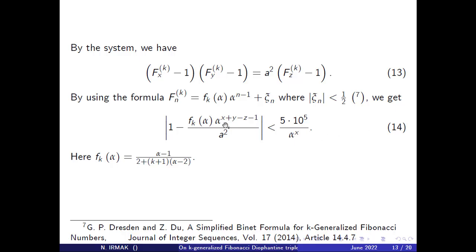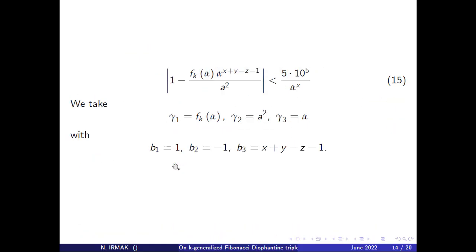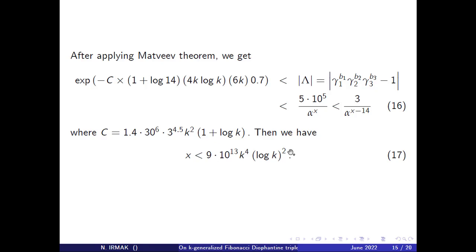Here we obtain an inequality, and the f_k(alpha) is (alpha minus 1) over 2 plus (k plus 1) times (alpha minus 2). And if you take gamma 1 is f_k(alpha), gamma 2 is a squared, gamma 3 is alpha, with b1 is 1, b2 is minus 1, b3 is x plus y minus z minus 1, and after applying the Matveev theorem, we obtain the inequality 16.